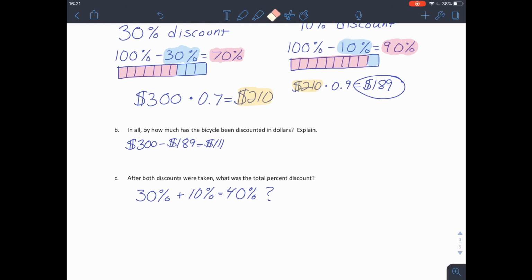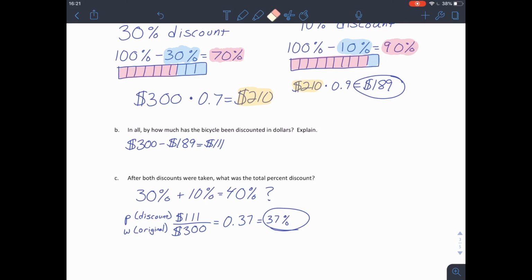So I can just do a simple part divided by whole, so discount divided by the original price to find my percent of discount. So $111 divided by $300 gives me 37/100ths, which is 37%.